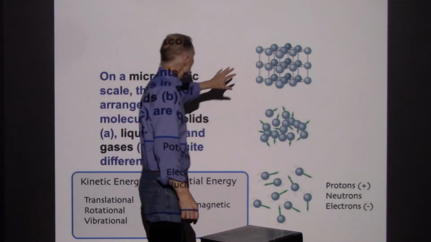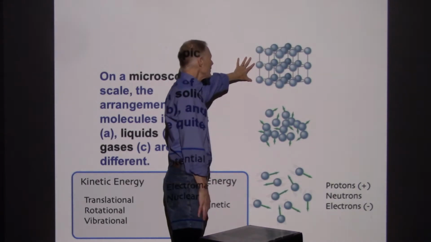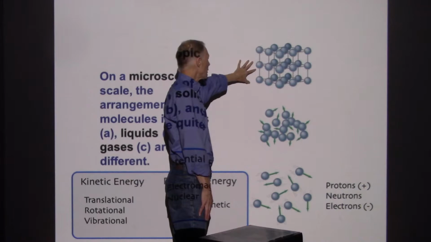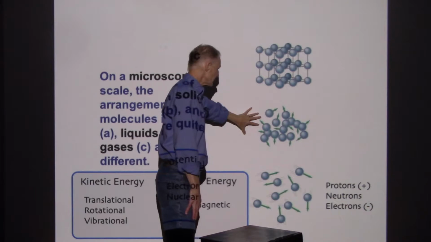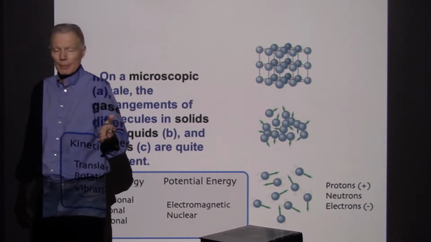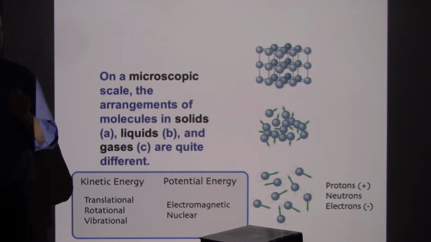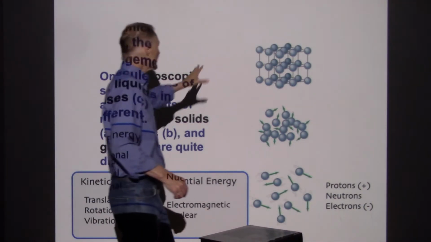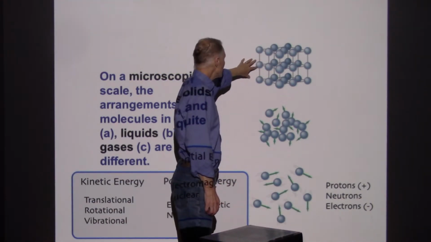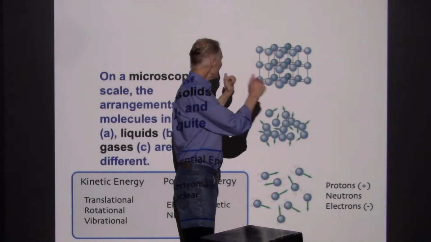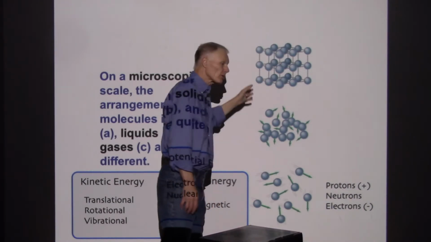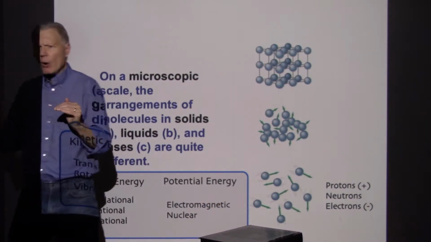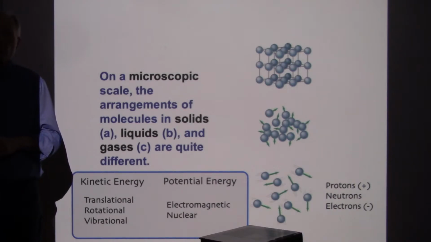Okay. Now, what happens when we go from, so this could be, well, it's not ice, it's not the right pattern. This could be sodium chloride or something. Anyway, this is a solid, and this now has melted into a liquid. So what's happened? Now there's more kinetic energy. Before, there was kinetic energy of these nuclei, but now there's enough kinetic energy available that the atoms themselves, or the molecules themselves, have gone into liquid form.